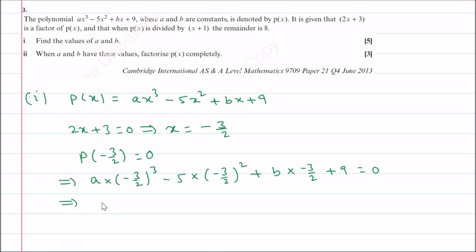So if you simplify, we get minus 27 by 8 a minus 45 by 4 minus 3 by 2 b plus 9 equal to 0.